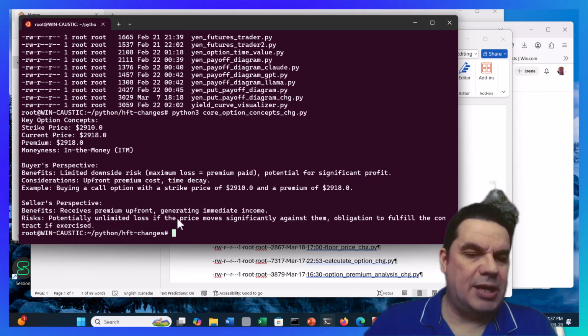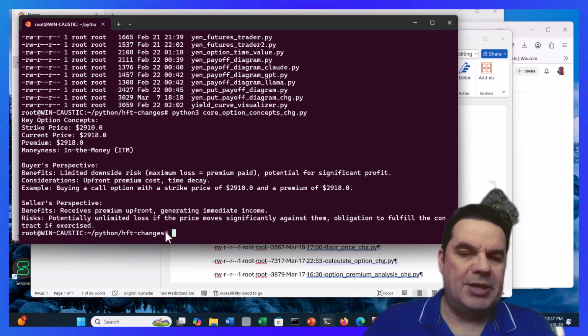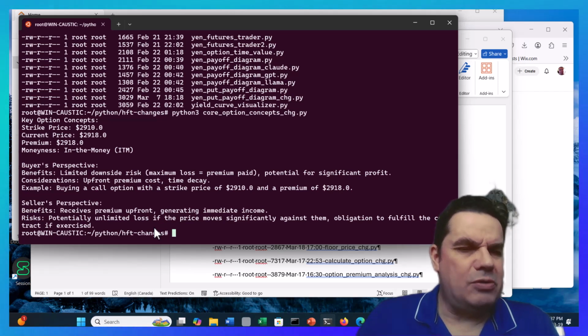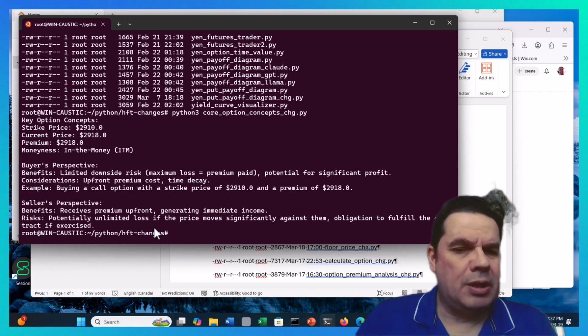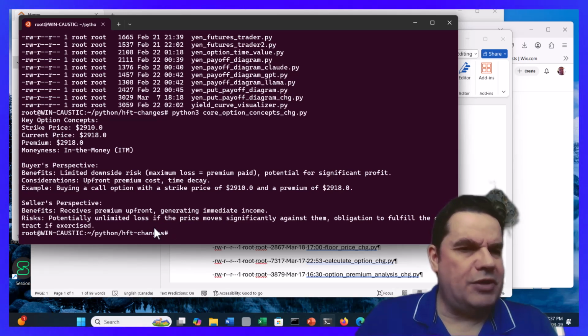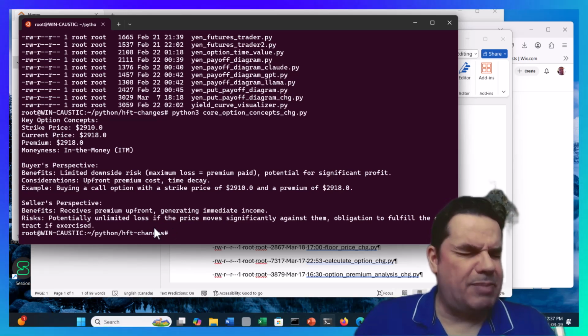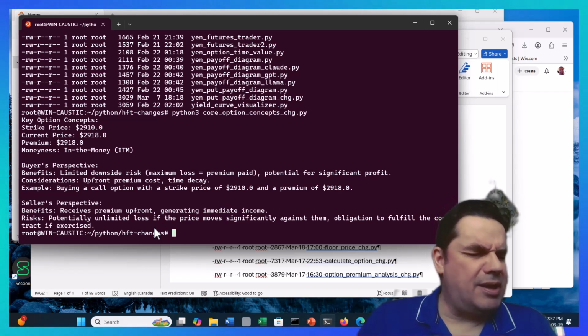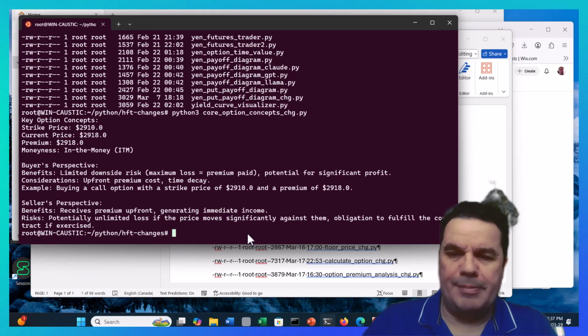The risks are potentially unlimited loss if the price moves significantly against them, and there's an obligation to fulfill the contract if it's exercised. Meaning you collect the premium, but if you lose on that position, you have to pay the buyer of the option whatever their profit is. So it's a true free market in an exchange environment.